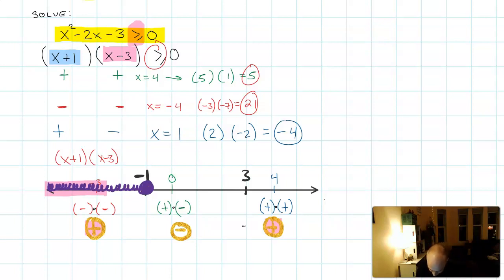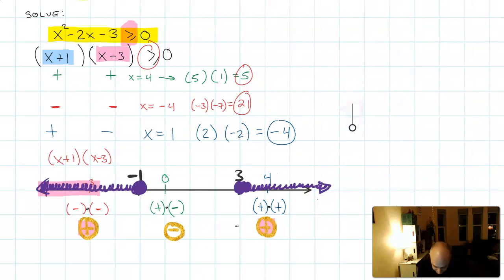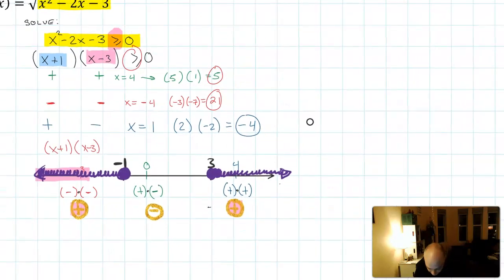And then I also had a positive sign from 3 to infinity, so I'm going to start at 3 with a closed circle because 3 is included, and then shade off to the right as well. And this is basically a graph of the solution set to the inequality, just put on the sign chart.